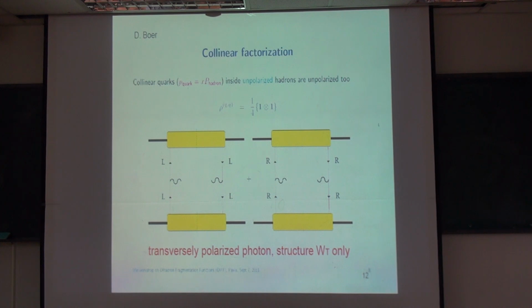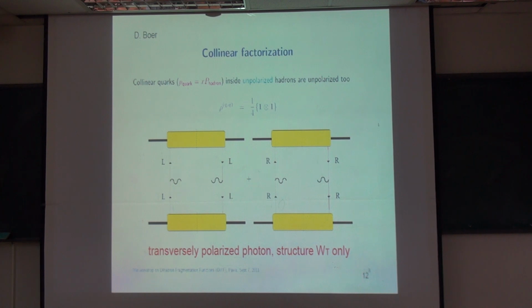Okay, so this diagram is the diagram for the cross section. You can see the straight line here. It means that this is the amplitude. This is the complex conjugate of the amplitude. So you put these two amplitudes together, you get the amplitude squared. So this means cross section.